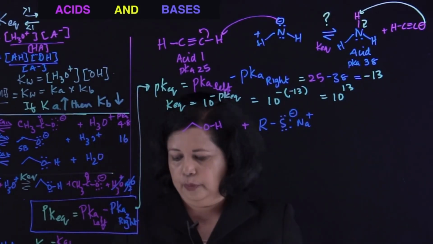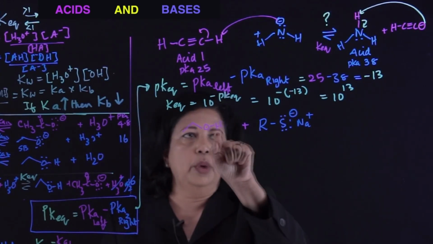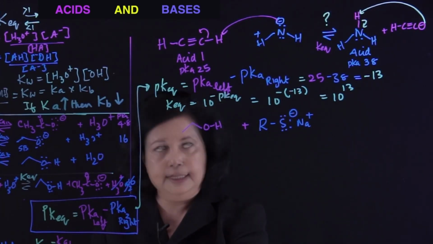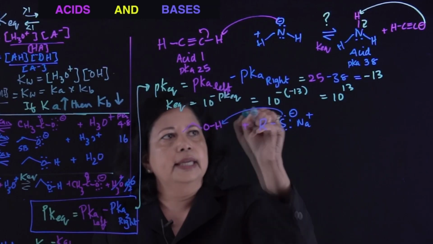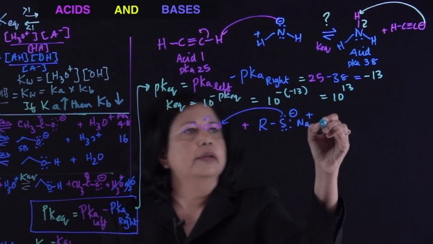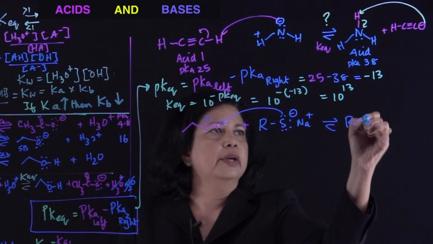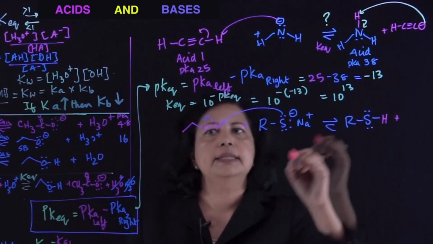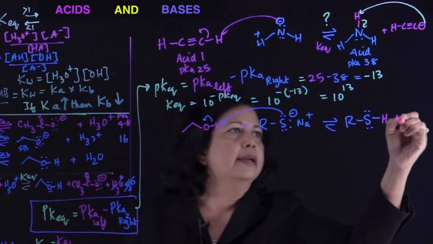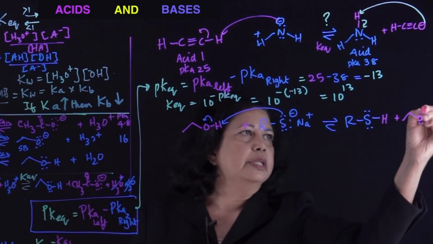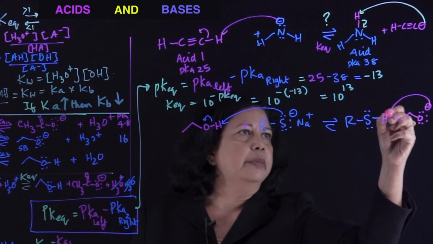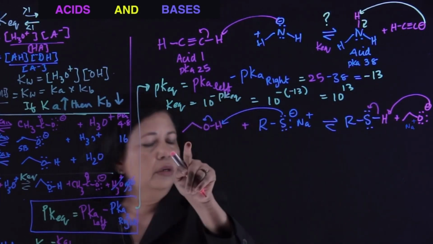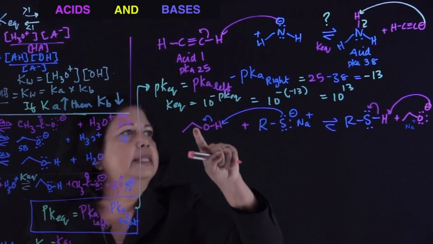And so then what are the protonated species? This OH is a protonated species. And here, when you take this off and go over here, this is going to be your protonated species as well, plus this is deprotonated. So the question is, is this going to deprotonate this and go here, or is this going to deprotonate this and go here?